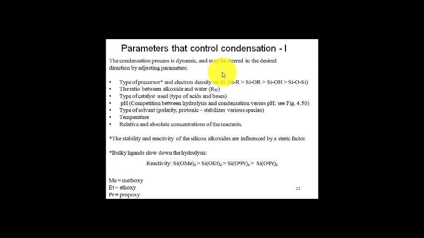The parameters are type of precursor and electron density on precursor, the ratio between alkoxide and water, type of catalyst used, either acid or base, pH, competition between hydrolysis and condensation, type of solvent which induces polarity, protonic condition stabilizes various species, temperature is also another factor, relative and absolute concentration of reactants.